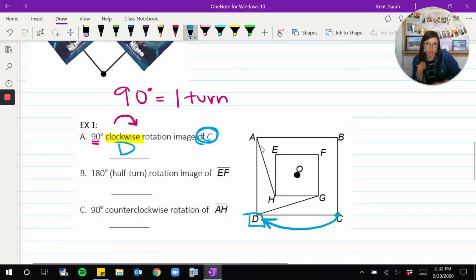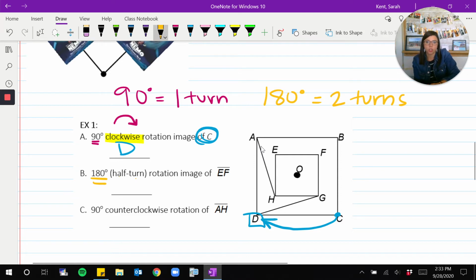So that's the turn. It's just going to spin. On the next one, I have 180 degrees. So here you can see that's a half turn. We think of 90 degrees as 1 turn, so 180 would be 2 turns.